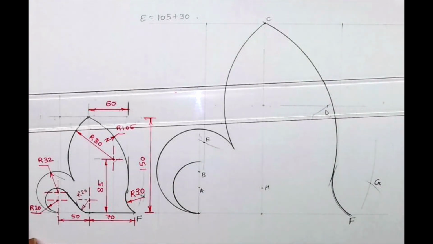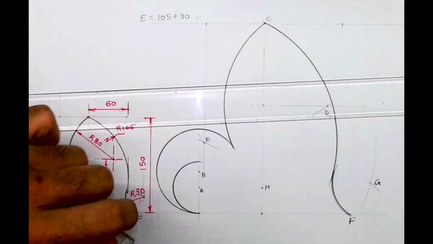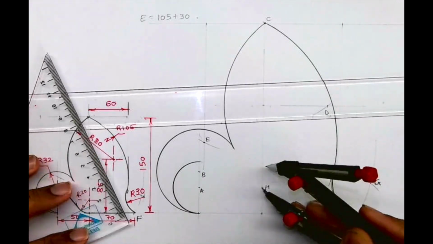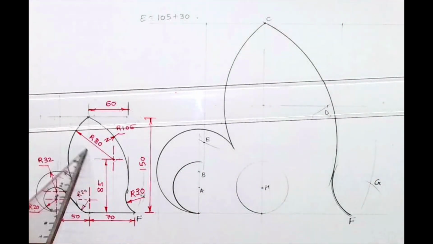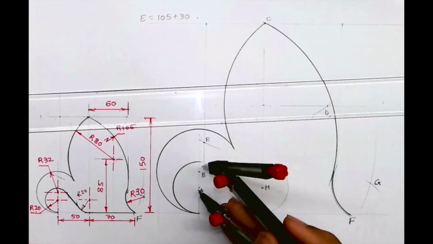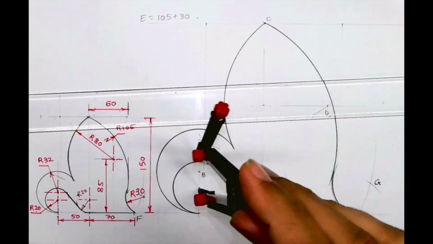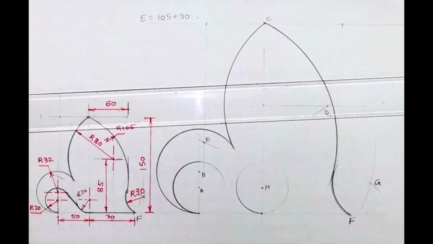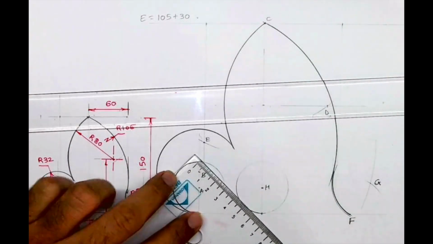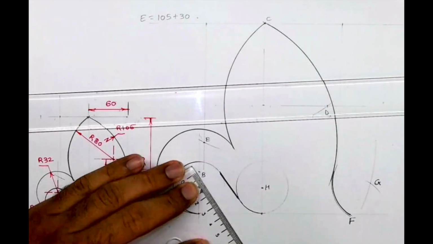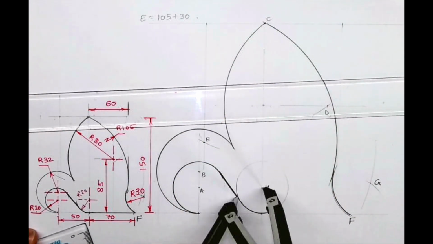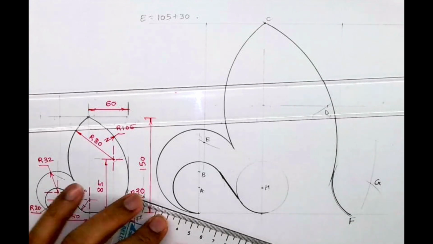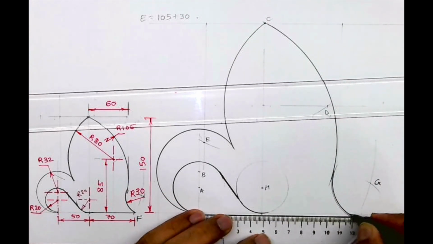This is point H. So you may draw light circle. See, both these radiuses are 20, and then you draw tangent. So this is how it will come, and from here we'll draw a horizontal line.